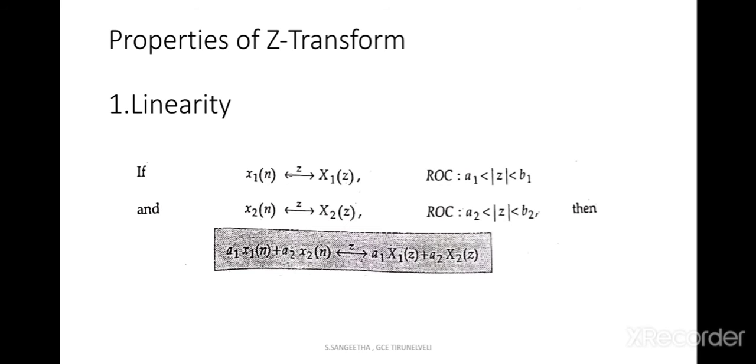So next we are going into the topic, the properties of the Z transform. First we are going to learn about the linearity property.